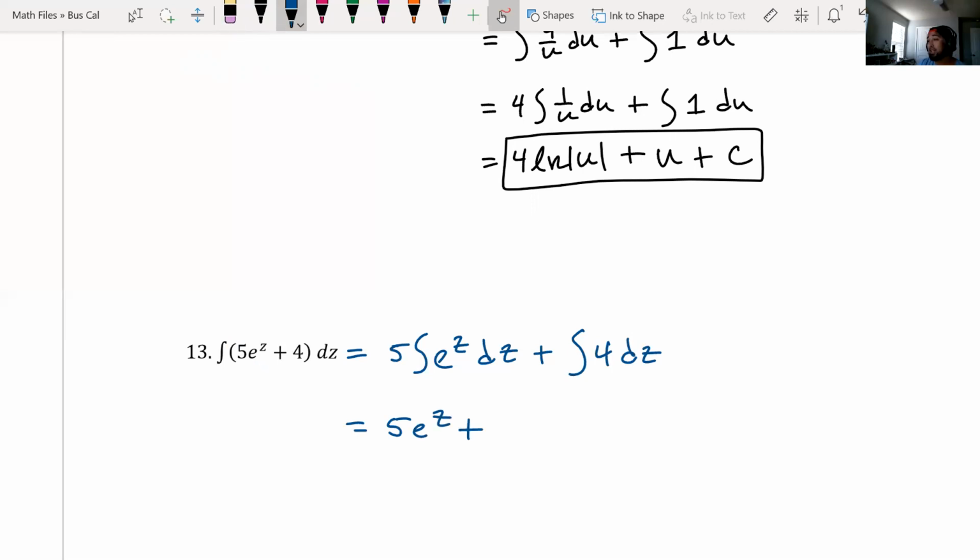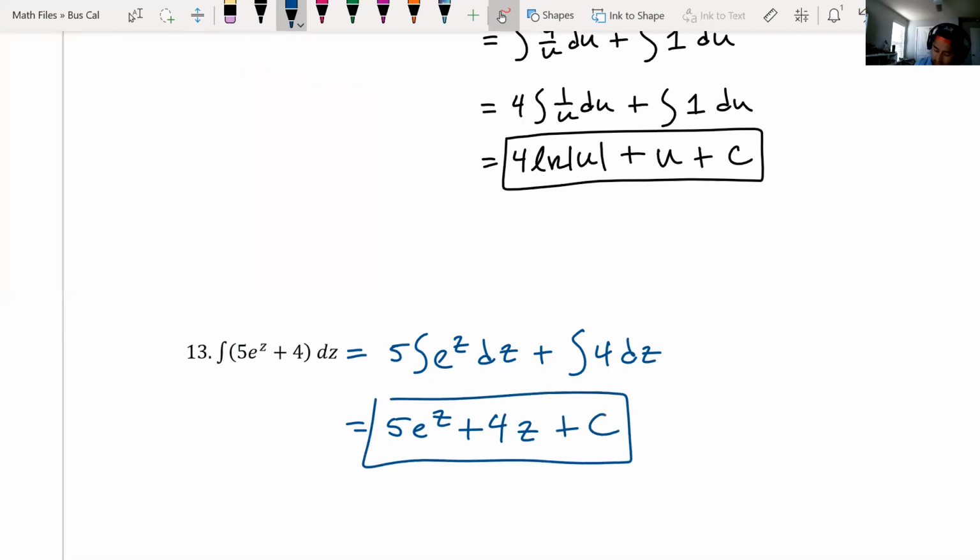Plus the antiderivative of 4 with respect to z. 4z. That's it. Boom. There we go. All right.